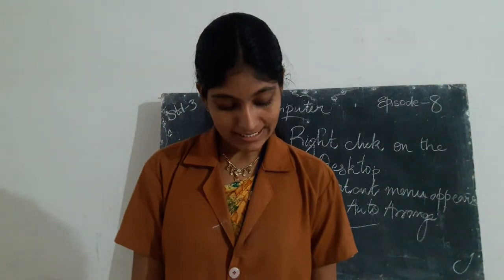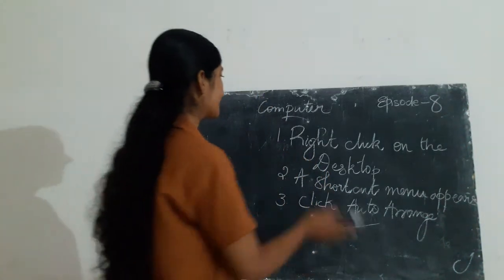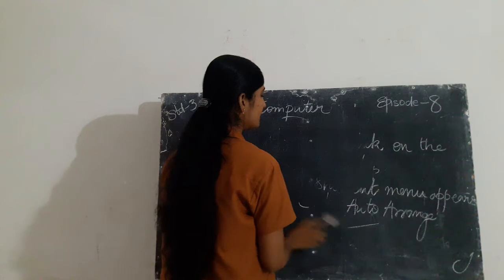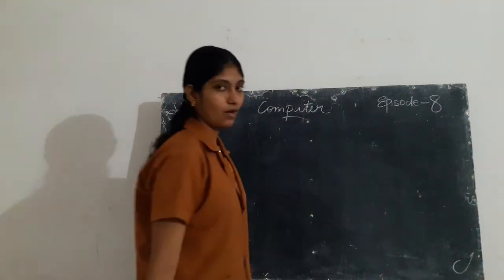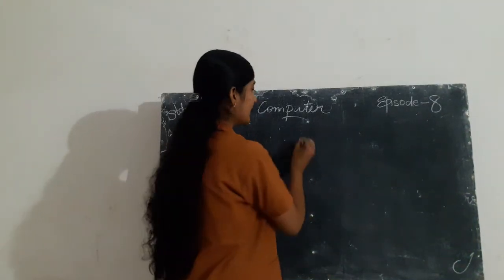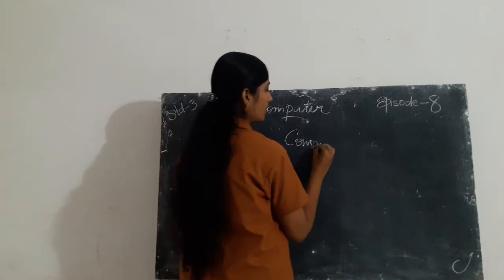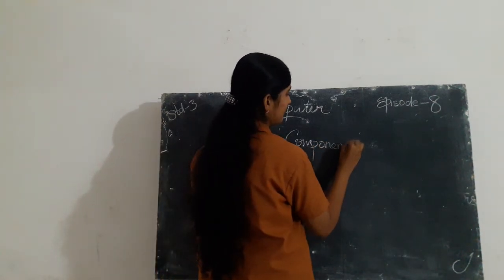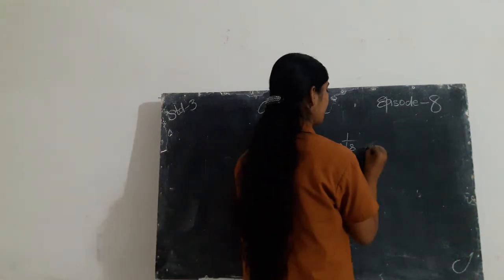Then next is components of a window. So next topic is what? Components of a window. Now we are moving to the next topic, that is components of windows.